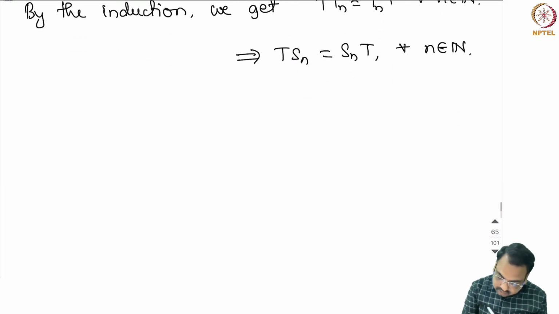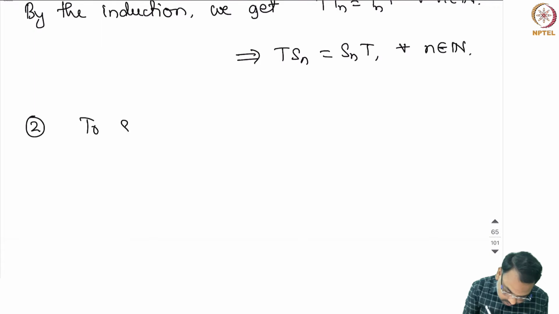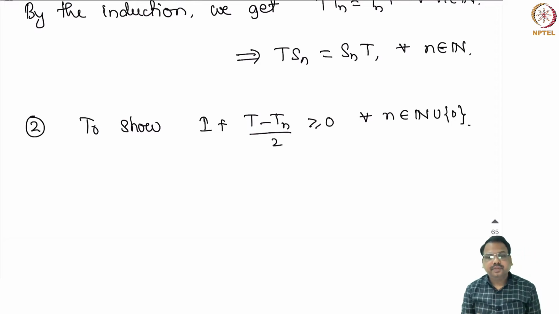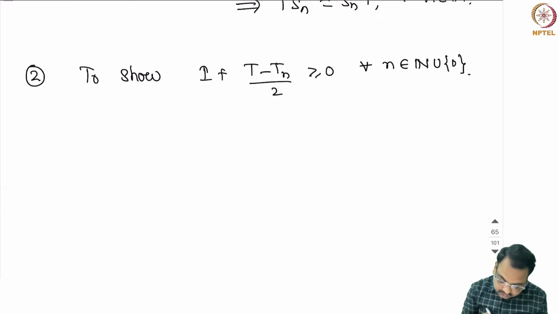So let us look at the second part. We want to show I plus T minus Tn by 2 is positive for every n in N union 0. So let us take T0. T0 is identity.